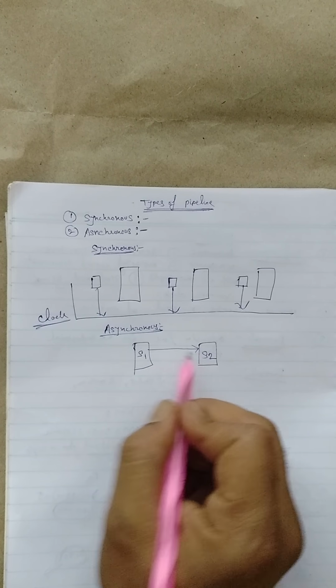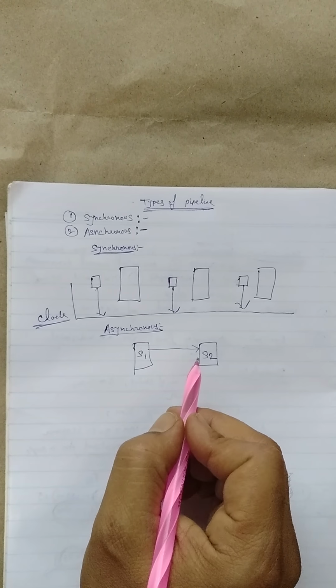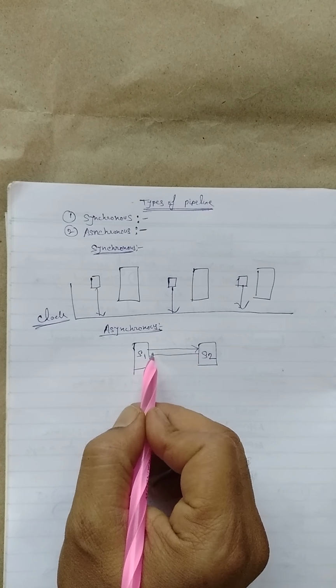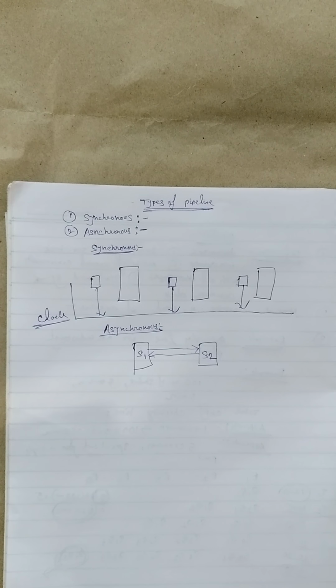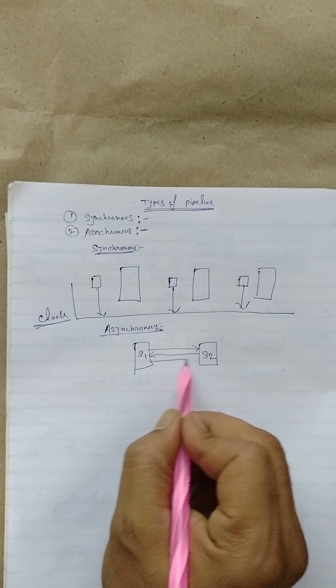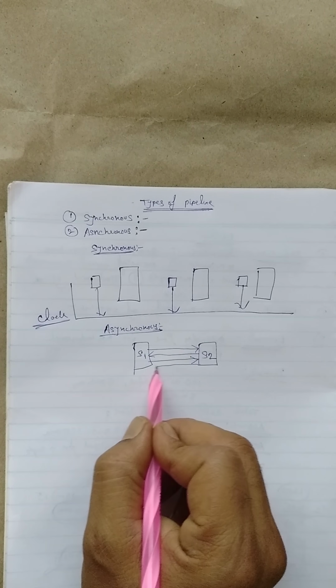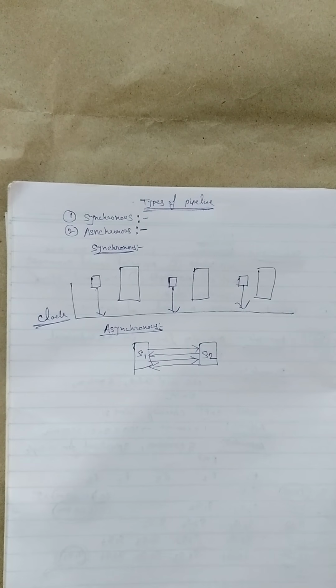First it will check whether it is busy or not. Next, when it is free, it will acknowledge stage 1 that I am free. Next, stage 1 will send the data. Next, stage 2 will give an acknowledgement that it has received the data. This is called the asynchronous model of pipeline.